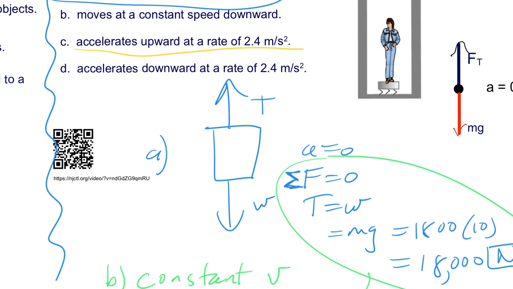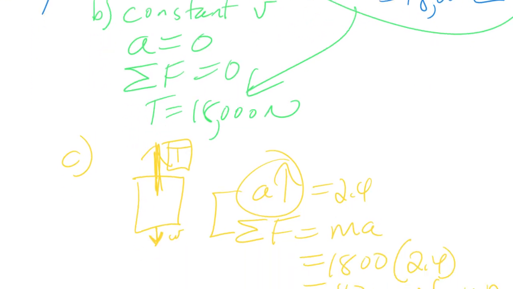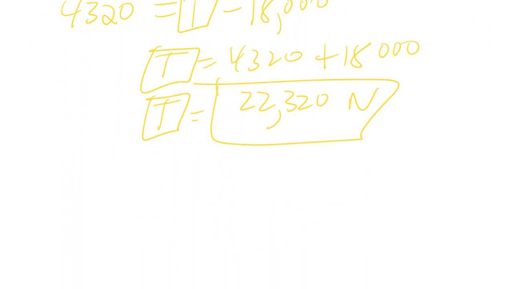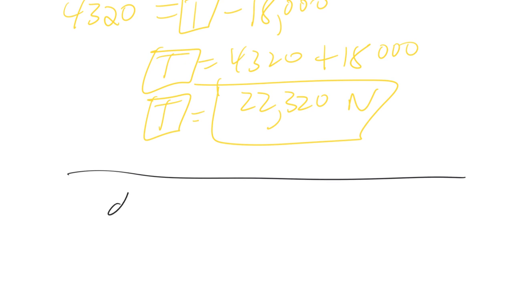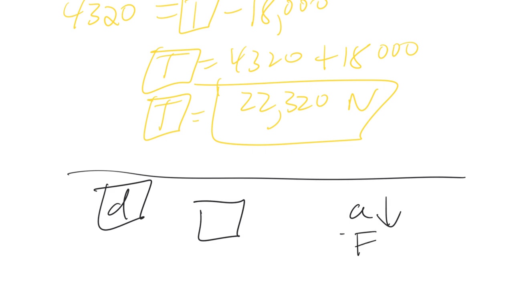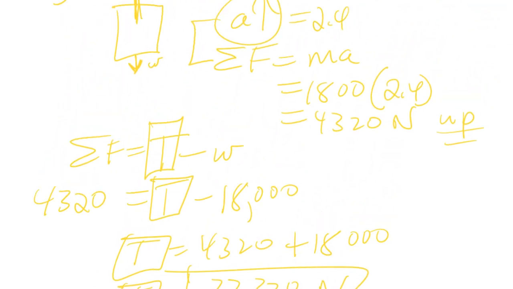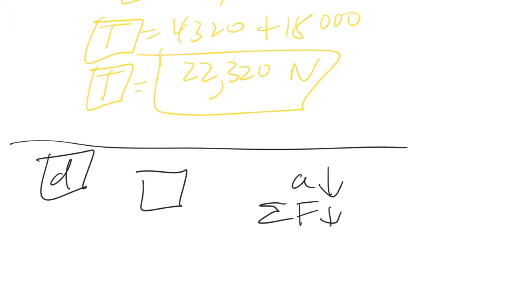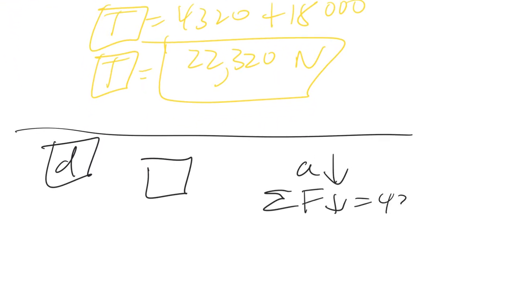Then what if it was accelerating downwards with the same acceleration? Well, so letter D. If it's going downwards, acceleration is downwards, F net is downwards. And I already did all the math. F net would be 4320. That would mean the weight is bigger than the tension.